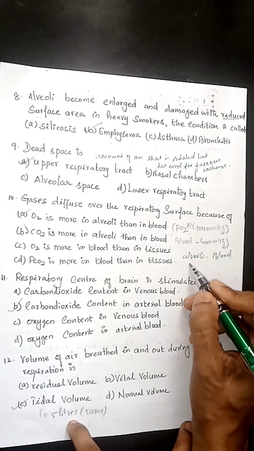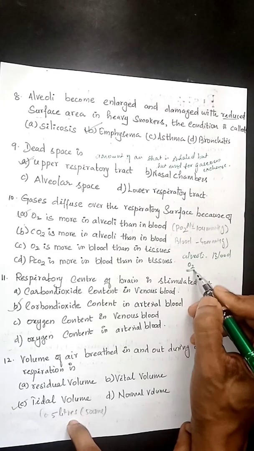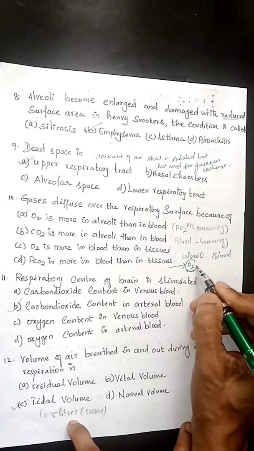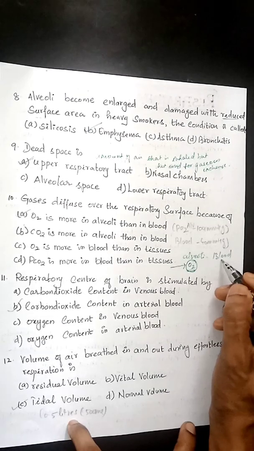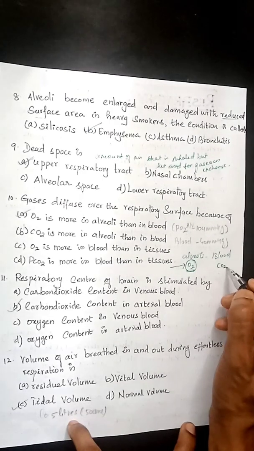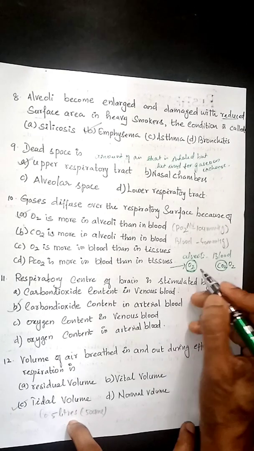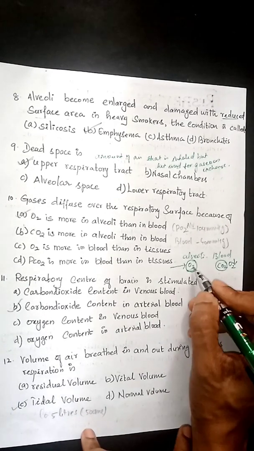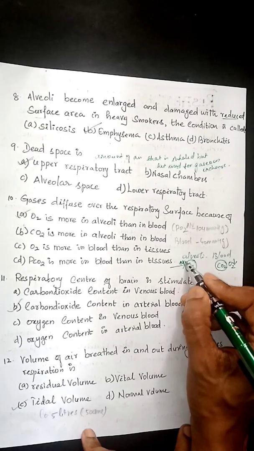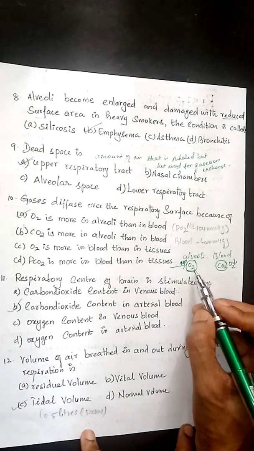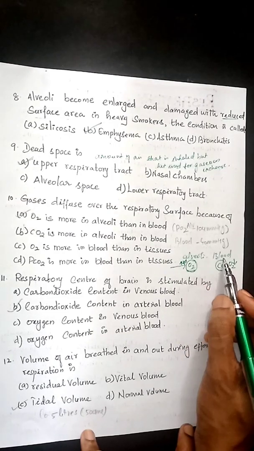The alveoli contains higher amount of oxygen, as air from the outside atmosphere flows inside which contains higher concentration of oxygen, whereas in the blood due to metabolic activities there will be higher concentration of carbon dioxide but lower concentration of oxygen. So here the oxygen level is low, here the oxygen level is high. In normal diffusion the gas will move from higher concentration to lower concentration.